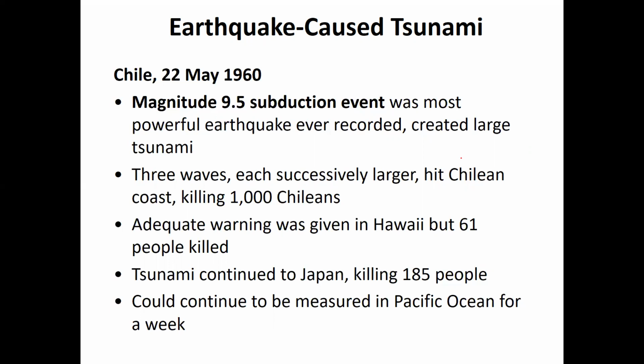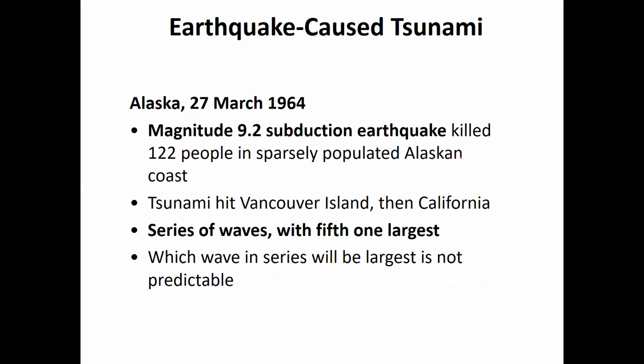And this tsunami could continue to be measured in the Pacific Ocean for a week. It was so large that the water level across the Pacific Ocean along the coastlines was still moving up and down, in addition to the normal tidal fluctuations, for a week. That's how much energy was imparted into the Pacific Ocean.